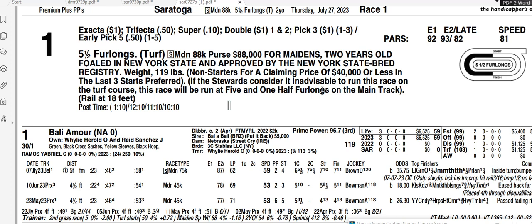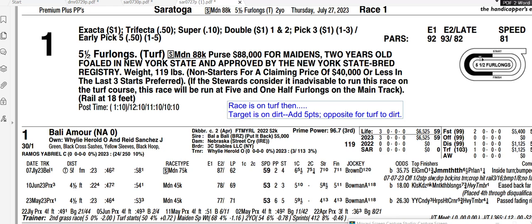If the race is on turf, then if the target rating is on dirt, I add 5 points. And it's the opposite for turf to dirt.